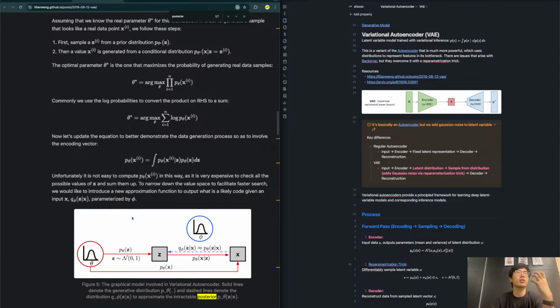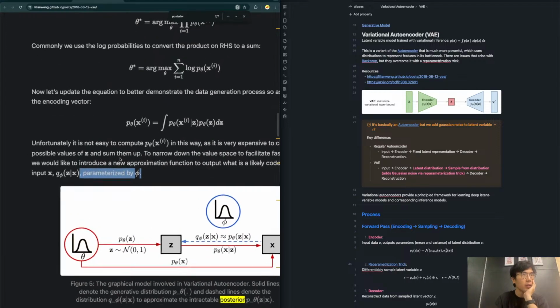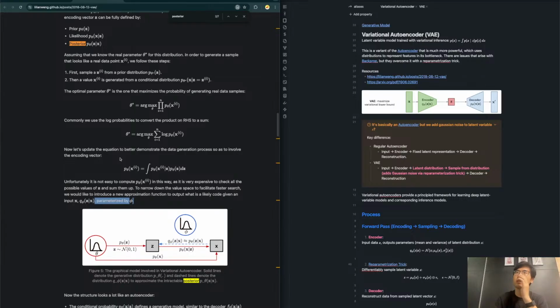I guess this is another generator to facilitate the process, and it is parameterized by q of z given x.